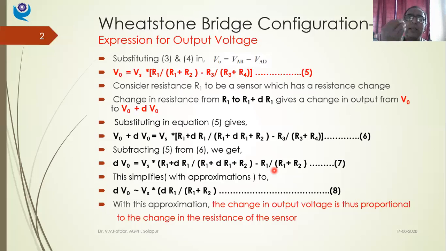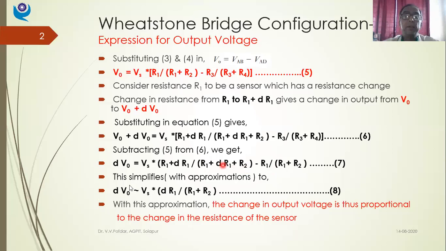If the original resistance is 200 ohm, this change in resistance dR was to the tune of 0.02 ohm, corresponding to 200 ohm original resistance.